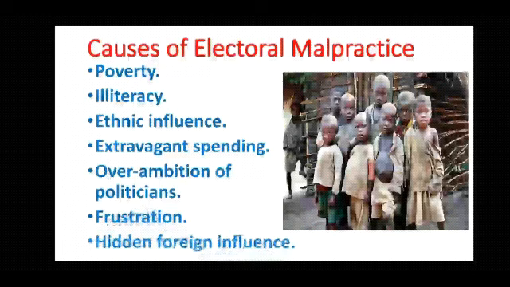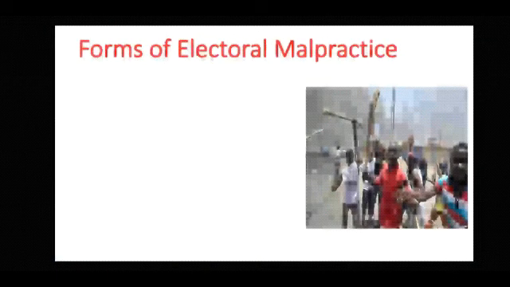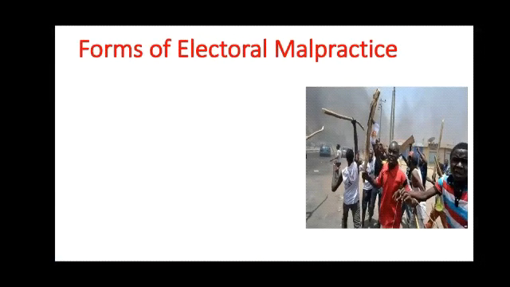So what are the forms of electoral malpractices? There are many forms of electoral malpractice. One, the use of fake ballot papers.